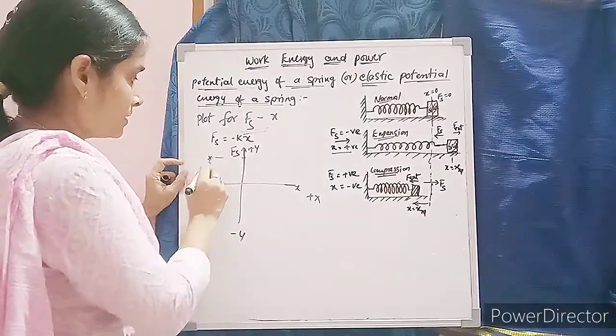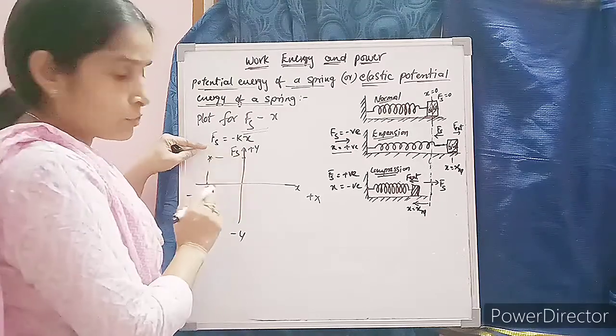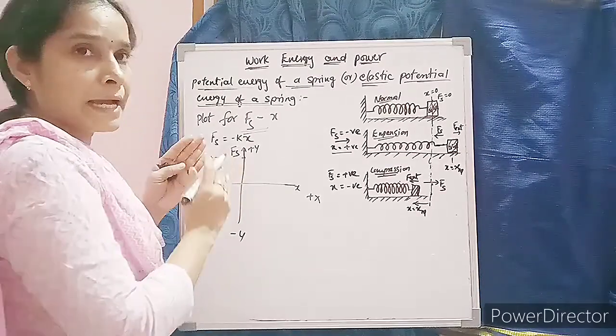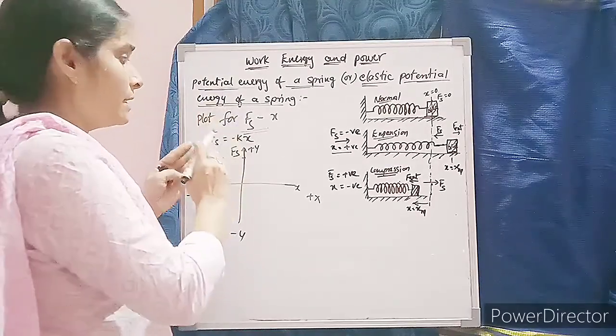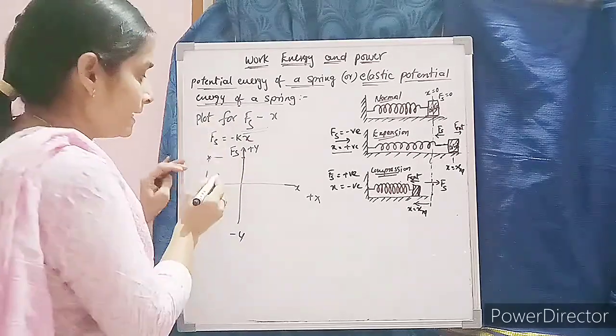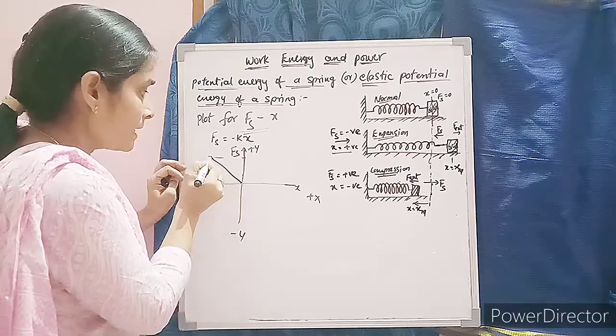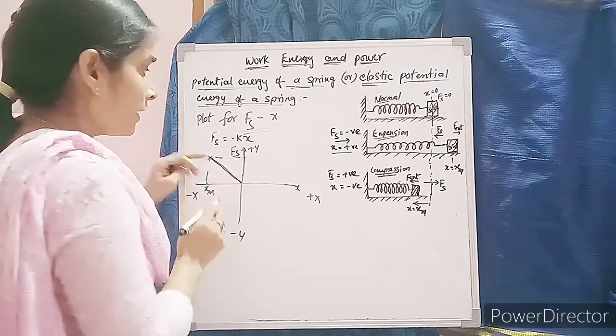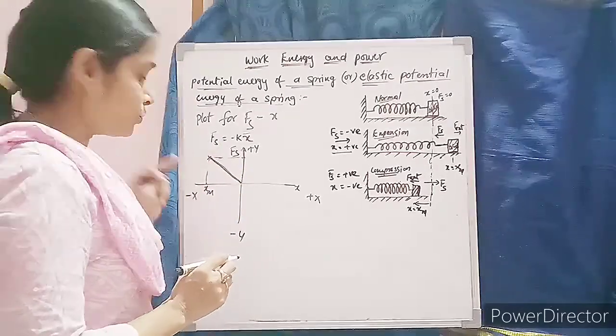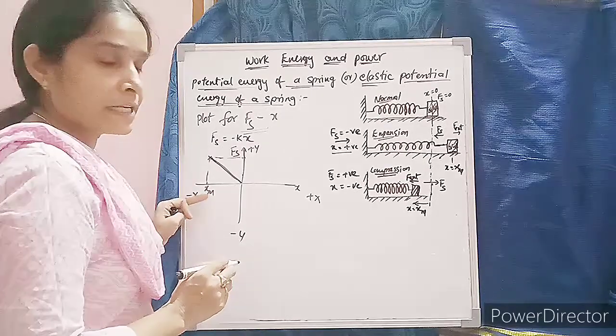Both are directly proportional, meaning as x increases, Fs also increases linearly. So the graphical representation is a straight line where Fs is positive and displacement is negative.